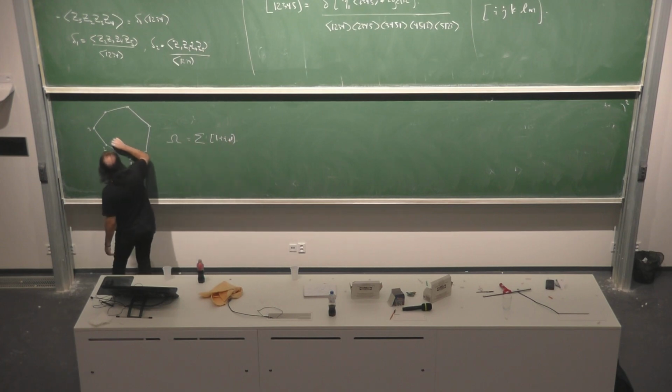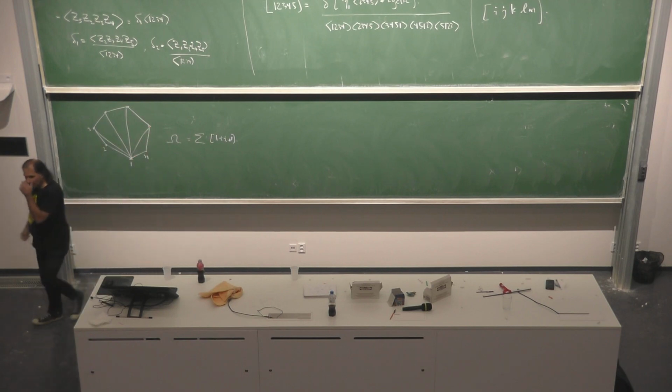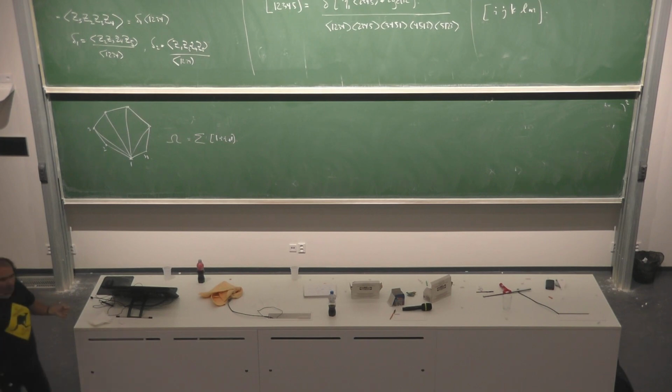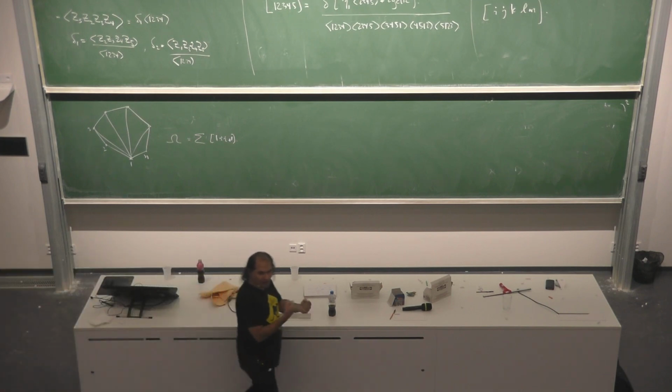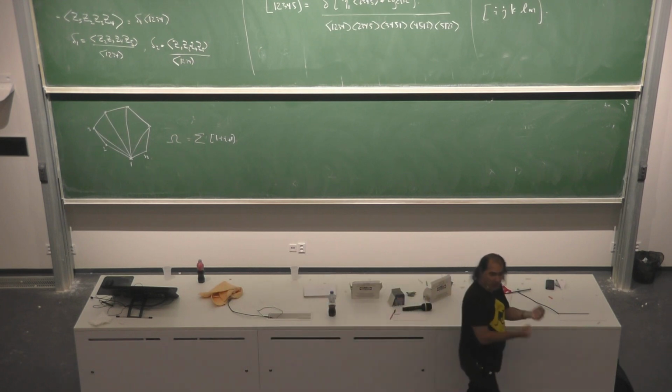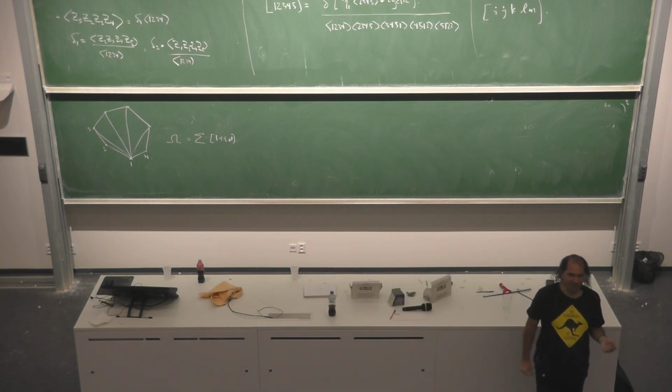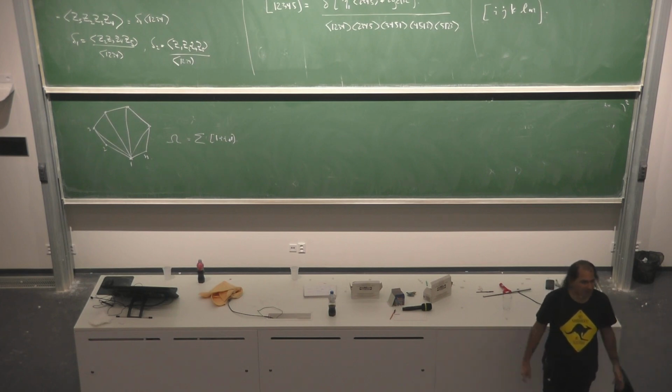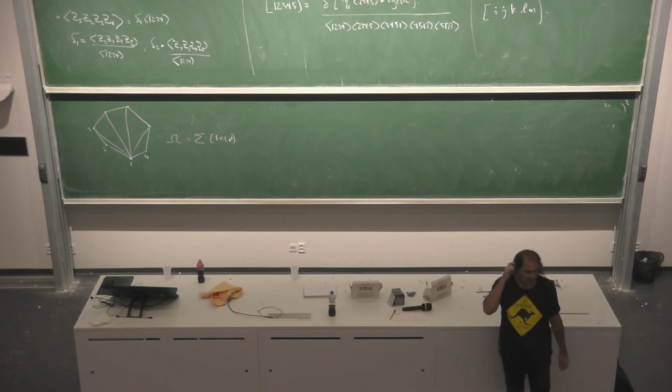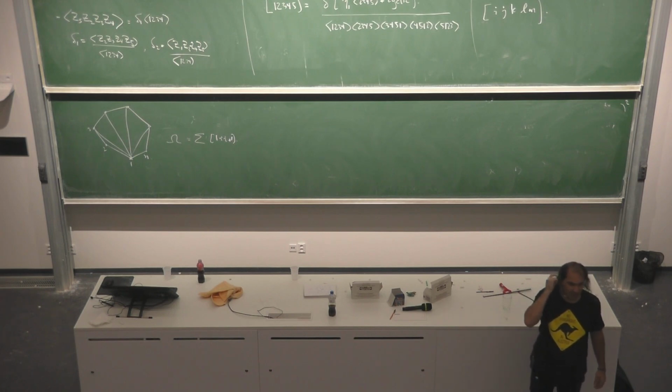That would be one way of doing it if I triangulate it like this. So the object fundamentally is the canonical form of this n-gon. You can triangulate it in many ways that you want, but the canonical form for it is such that when you convert it to the superamplitude, you get our toy R-invariant formula. Okay? So what the object is fundamentally is the canonical form of the n-gon. That's its symmetric God-given presentation. And you can break it up into pieces in many ways, any ways that you like.